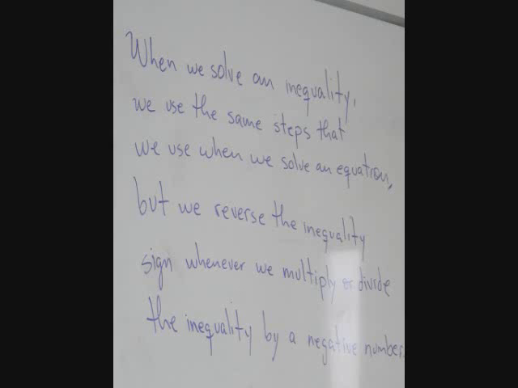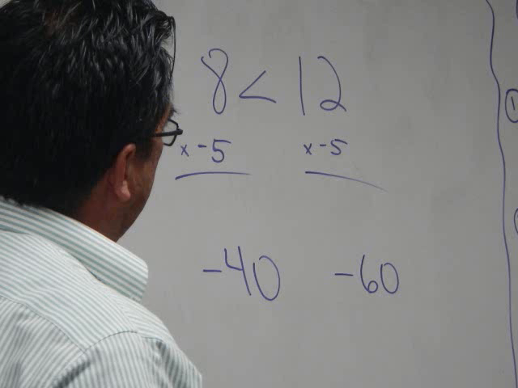Negative 60. Now, think about this for a second. How does negative 40 compare to negative 60? So if you think of the number line, right? Here's 0. The number that's more to the left is less. Which number would you come to first? The negative 40 would be somewhere here, negative 60 would be somewhere over here. So how does negative 40 compare to negative 60 now?